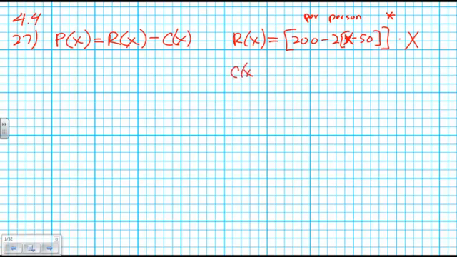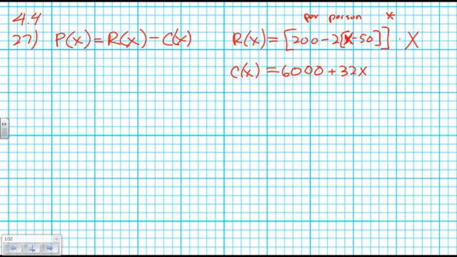The cost of the tour, we say it's a flat rate: there's $6,000 in fixed costs. But for every person that's on the tour, it costs an additional $32. Right? So we've got revenue and we have costs.